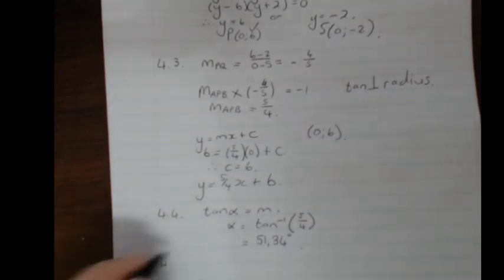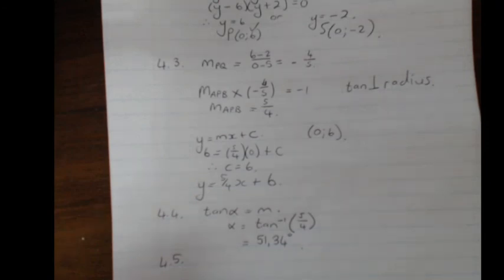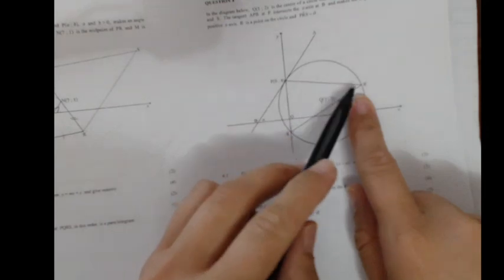Question 4.3, 4.5, sorry, I'm now counting backwards here. Calculate with reasons the value of theta. Right, so now you can jump in. Theta is definitely not an angle of inclination.